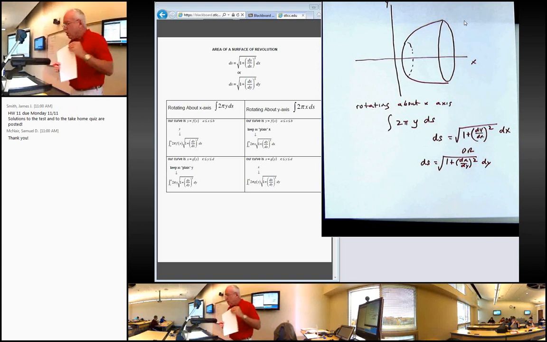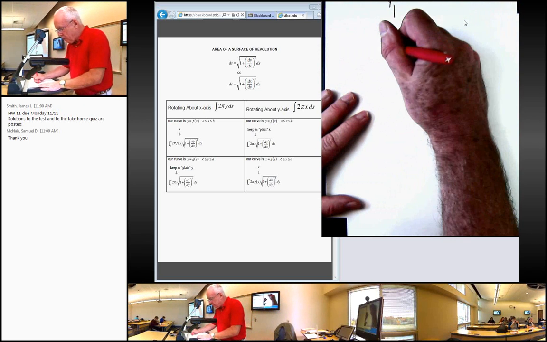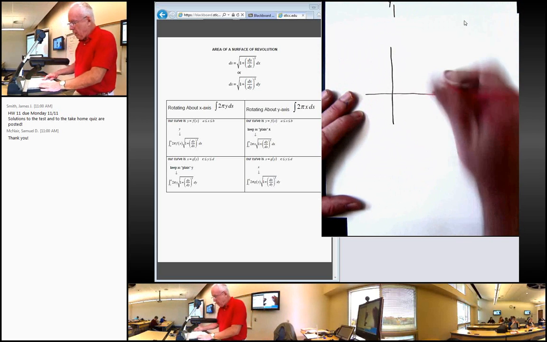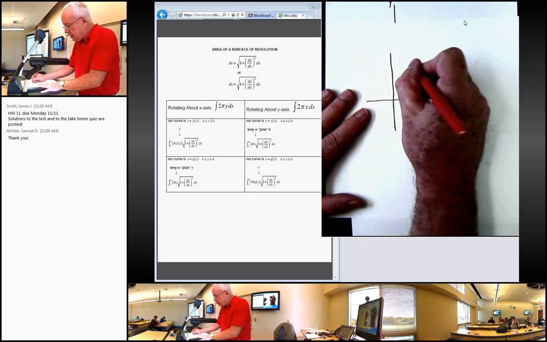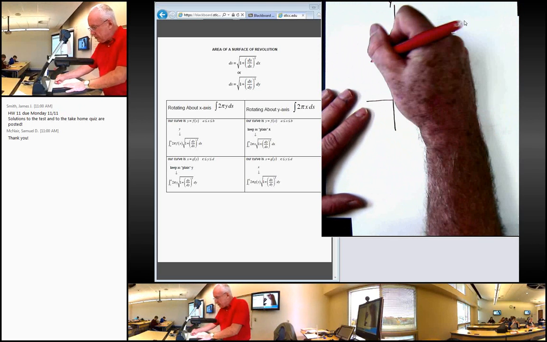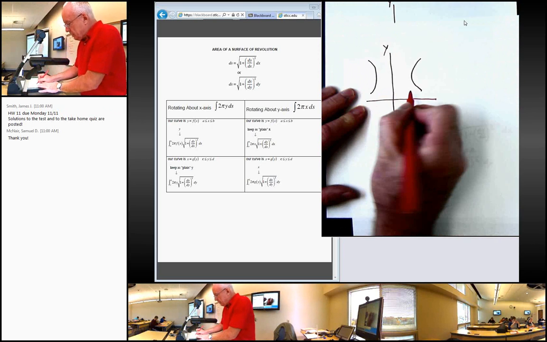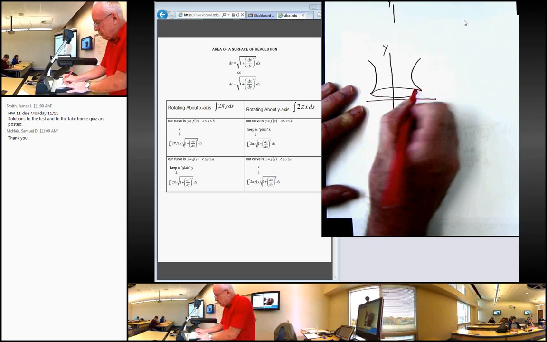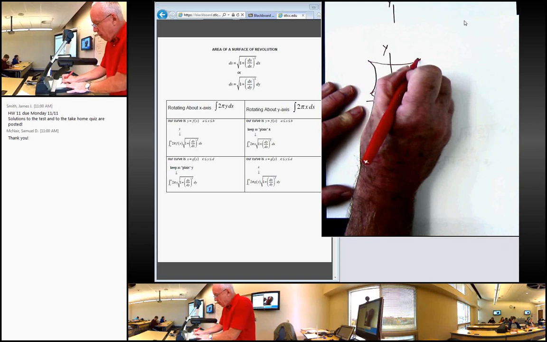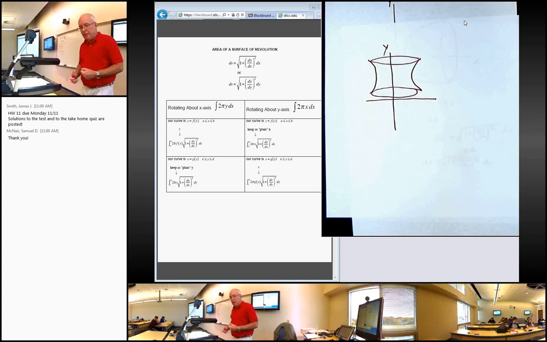Now, say we are rotating this curve around the y-axis. So say we have something like this, and we're rotating it around the y-axis. Then on this side, we're going to have a mirror image like that, and it's going to be rotated around like this, and we're trying to find the surface area of that.